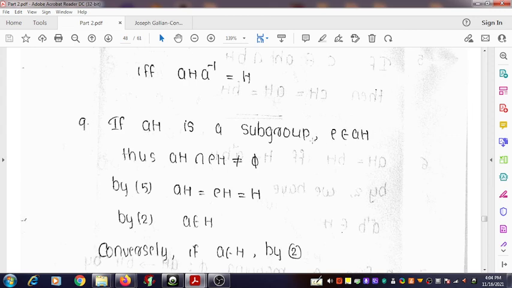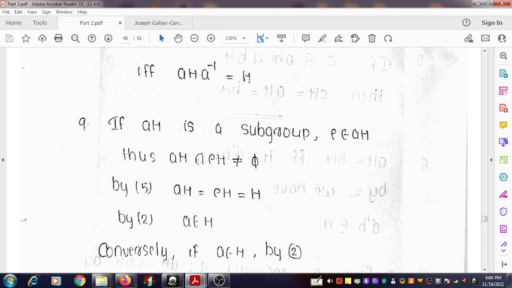If AH is a subgroup of G, then the identity element E is an element of AH. So AH intersection EH is non-empty, since E is an element of AH.